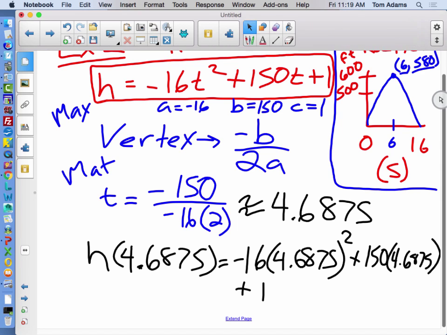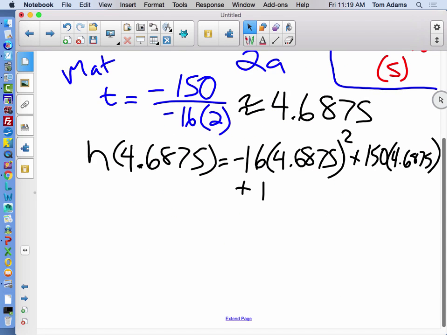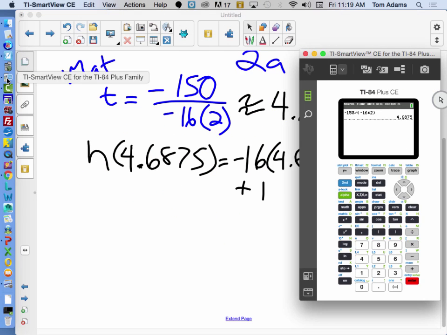Okay, so now I'm going to plug that into my calculator and see what I get. Negative 16 times 4.6875 squared plus 150 times 4.6875 plus 1.